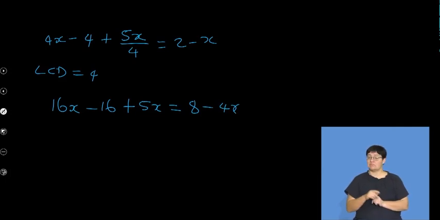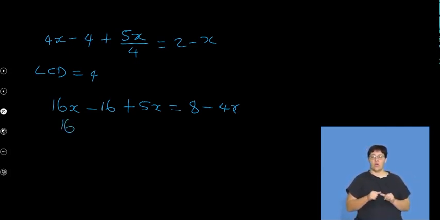Here, now you can see that this is definitely a linear equation. So everything that has x goes to the left, everything that has a constant on its own goes to the right. I will start with constants and then follow with the x's.